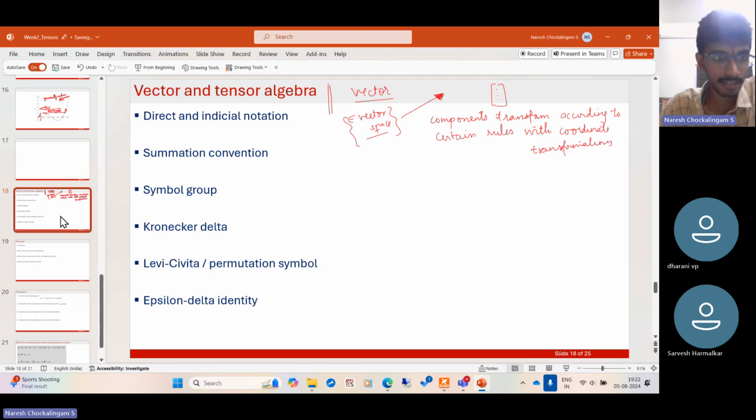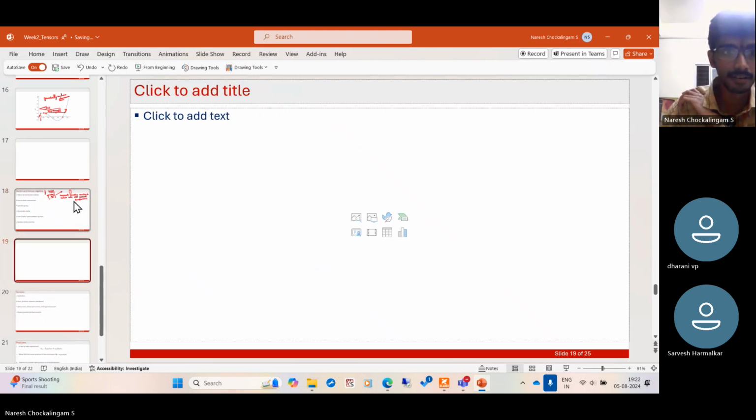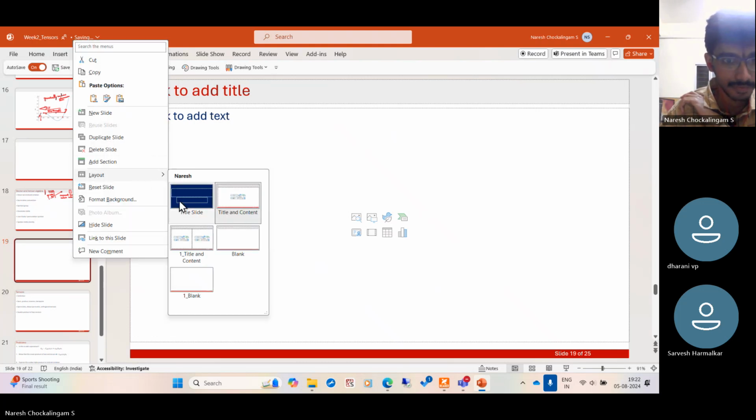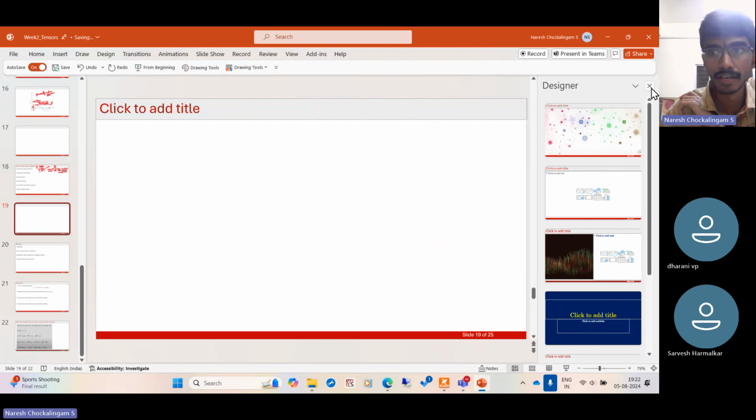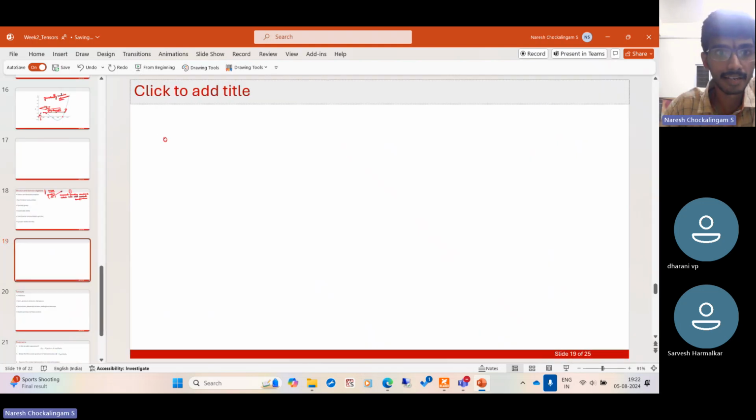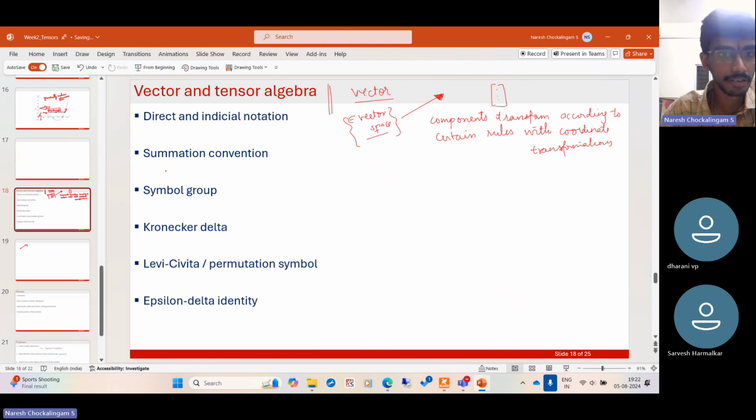So if you just look at the conventional, we know that a particle's velocity vector is a vector. So if it's a particle and it has velocity v, this is called direct notation.